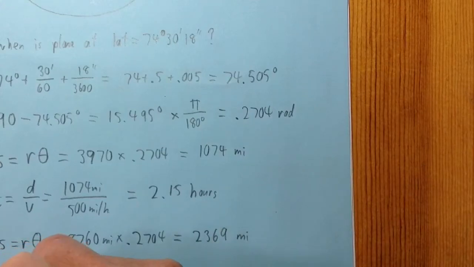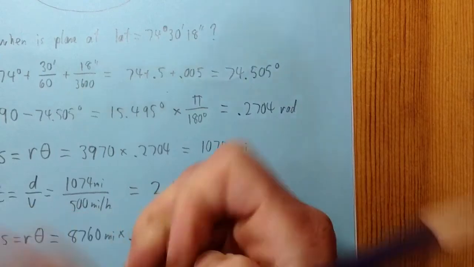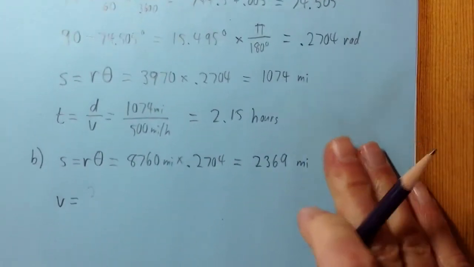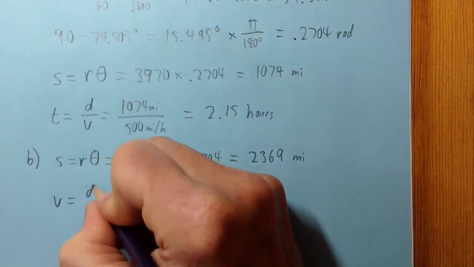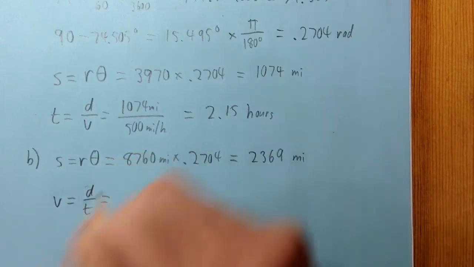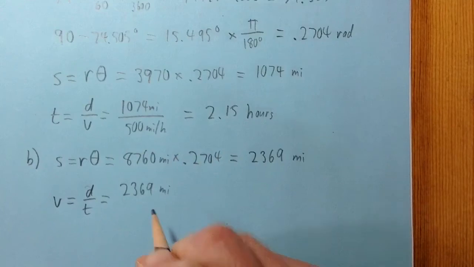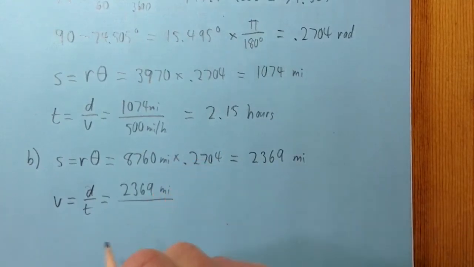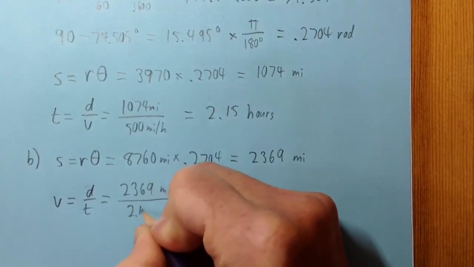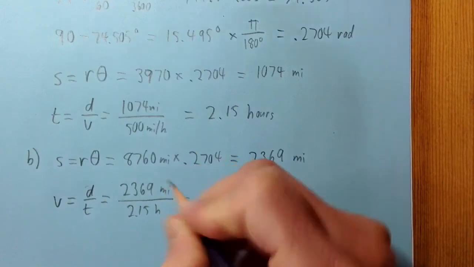So the velocity of the satellite then, I'll write the formula. The velocity of the satellite is distance divided by time, which it went 2369 miles and 2.15 hours, same as the airplane.